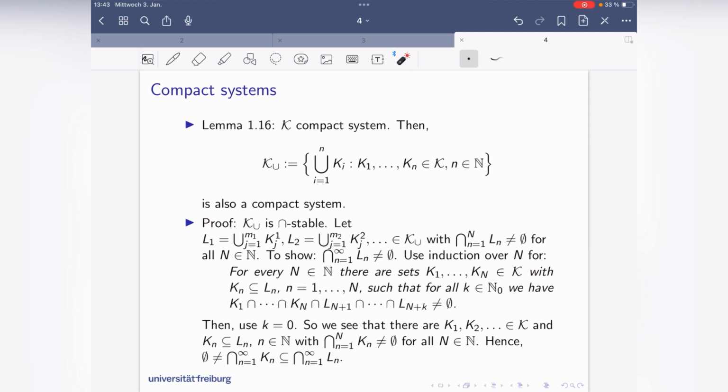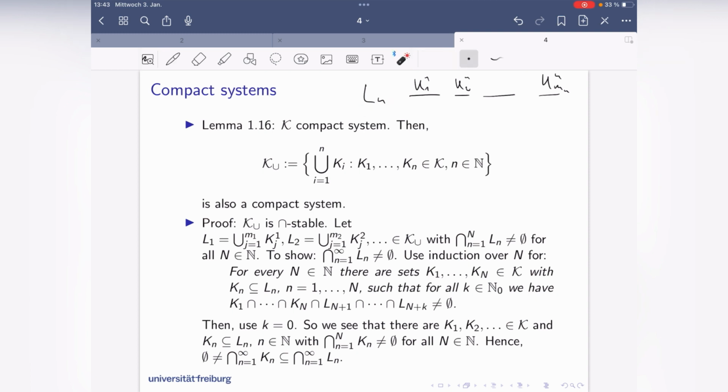Well, and the reason is, yeah, so this here should not be the empty set for all n. And what are the Ln's? Well, the Ln's are some unions. So this here is an Ln. That's a union of the Kjn's. So that's K1n, K2n, Kmn, yeah.